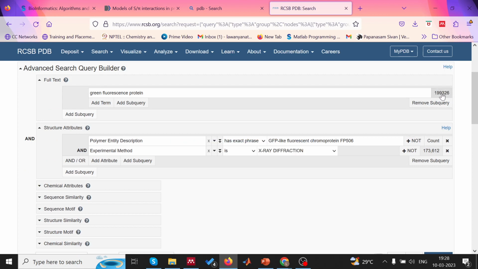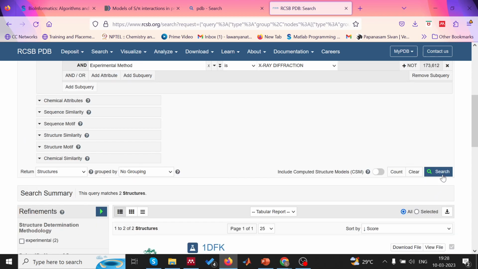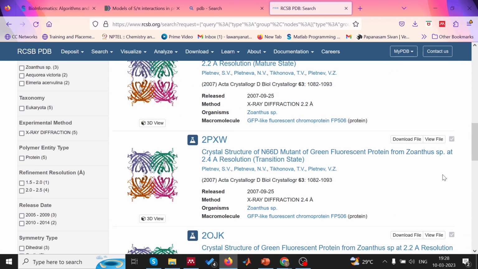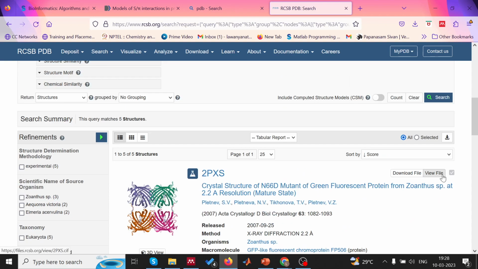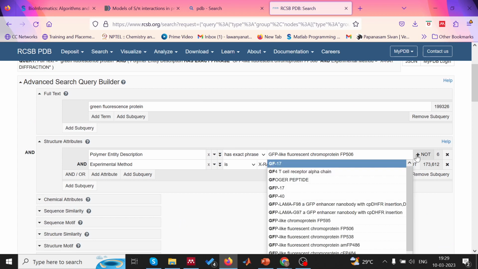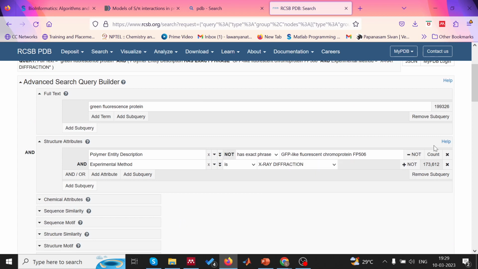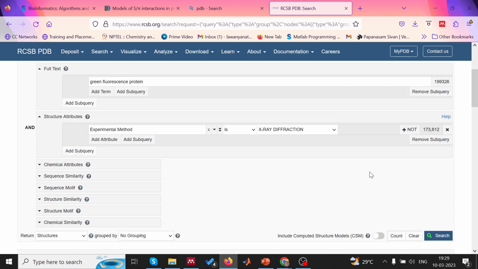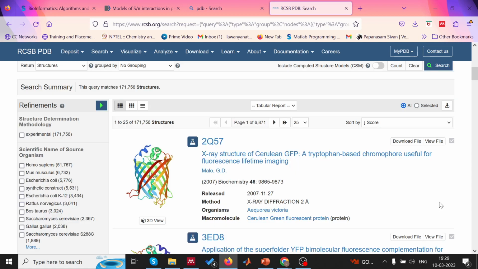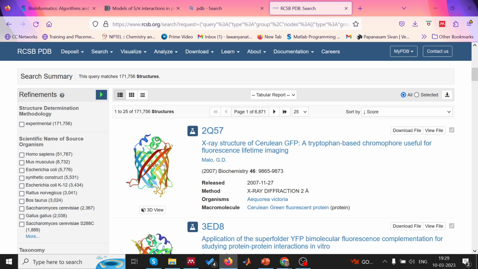So the count is somewhere near 2 million, but there are just 6 here. So let's search. Okay, these are GFP like proteins. If I remove this, okay, I remove this and search, it is giving you somewhere around 17 million.